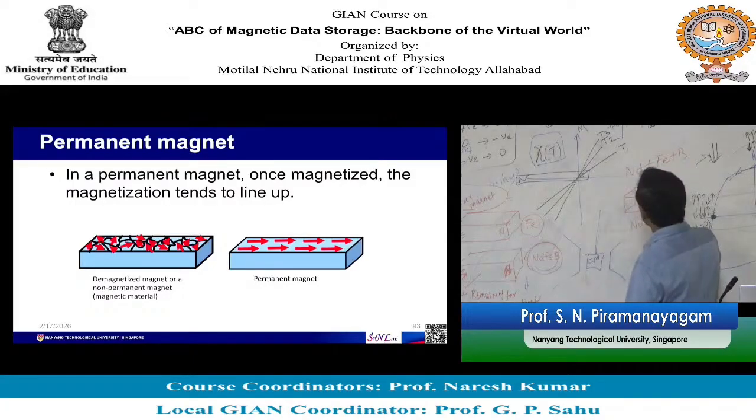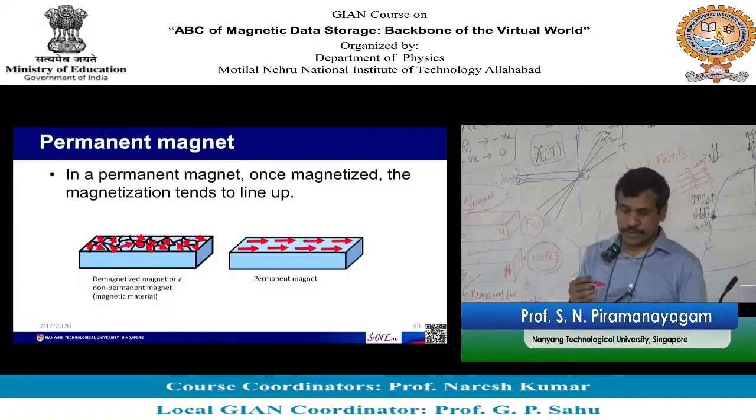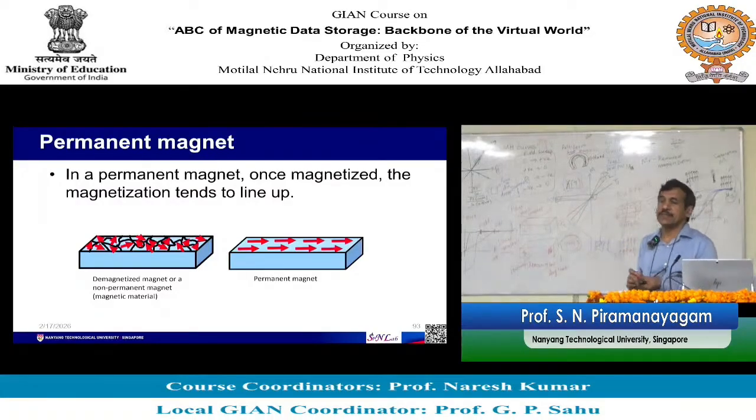So, if I zoom this region, maybe magnetization is pointing like this. So, all the neighboring spins are still parallel. And if I go to another region, here maybe the spins are like this. Okay. So, it is still ferromagnetic.